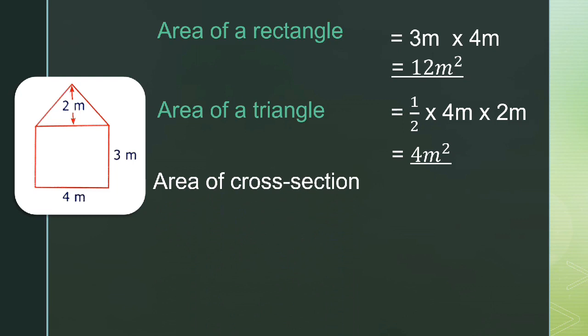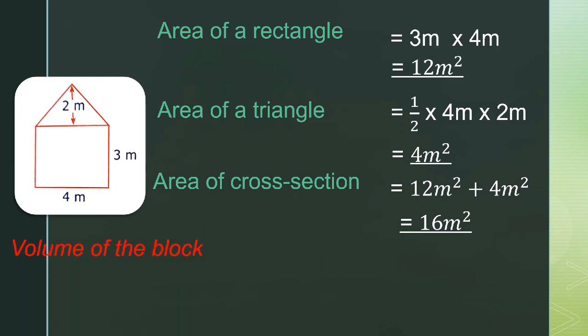Next, we will solve the area of the cross section. So we add the area of the rectangle plus the area of the triangle. So we have 12 meters squared plus 4 meters squared is equal to 16 meters squared.